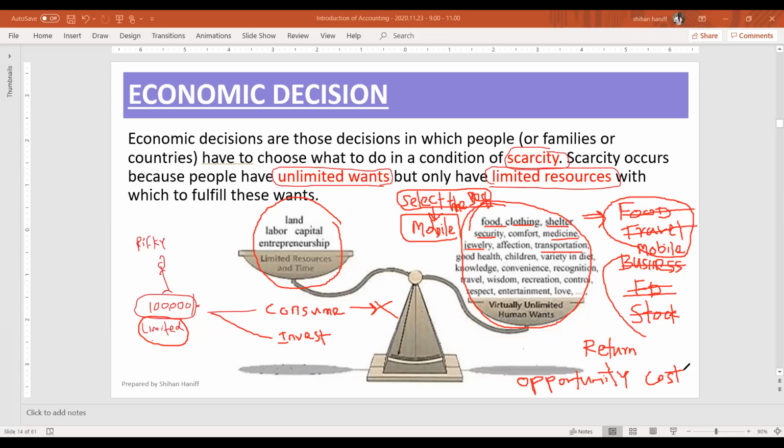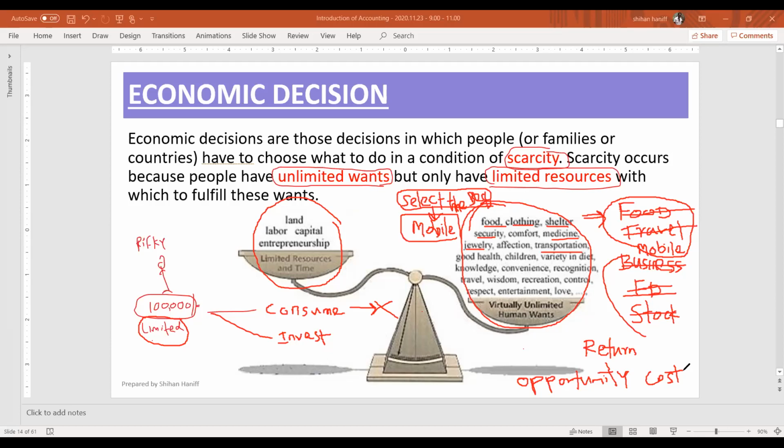This is the concept of economic decision: selecting the best option available. That is called economic decision. Limited resources, unlimited wants, selecting the best option, sacrificing the rest, having opportunity cost.